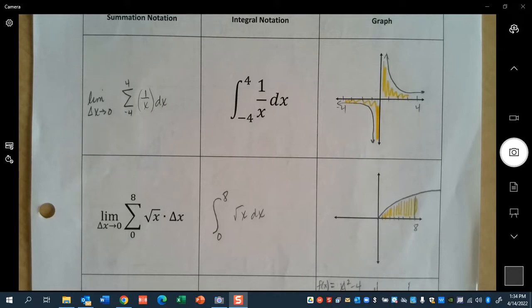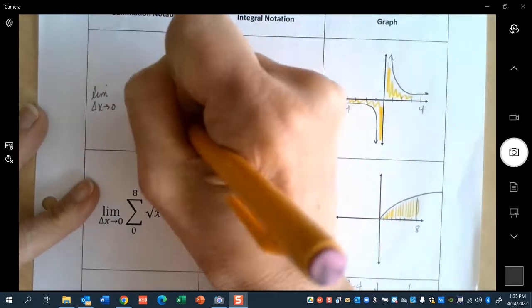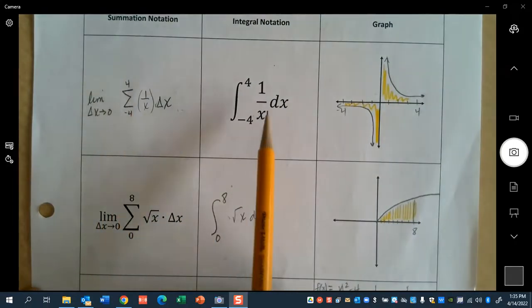So when I'm looking at this individual function, the output of that function when I put the x in is the height of my rectangle. The input is that change in x. And to be honest with you, this is my change in x, because I'm taking the limit as x approaches 0.